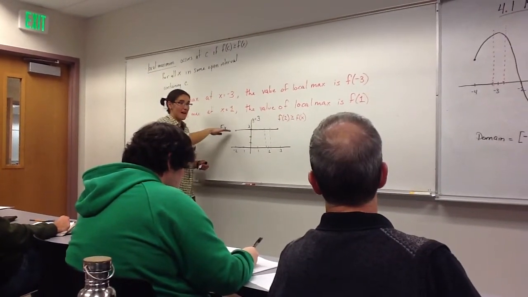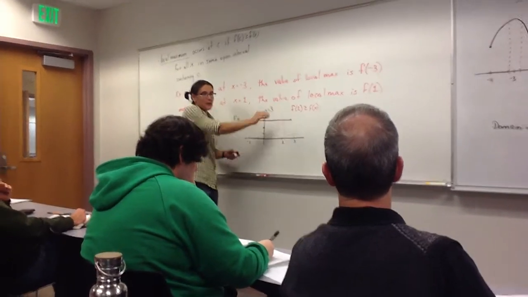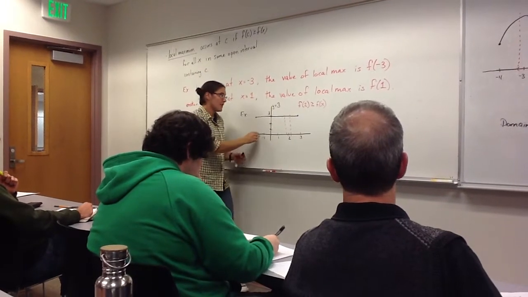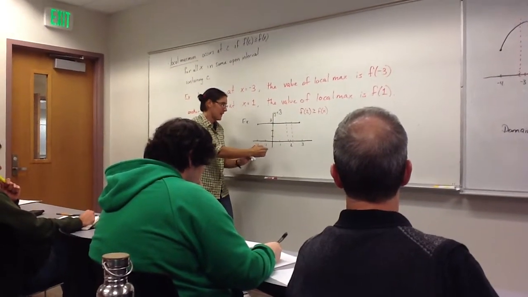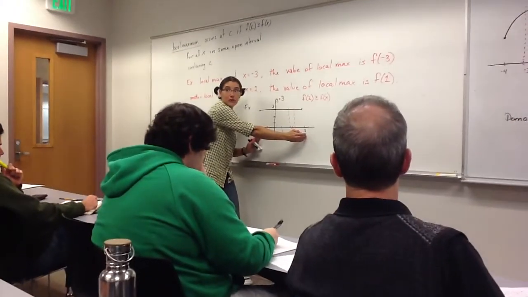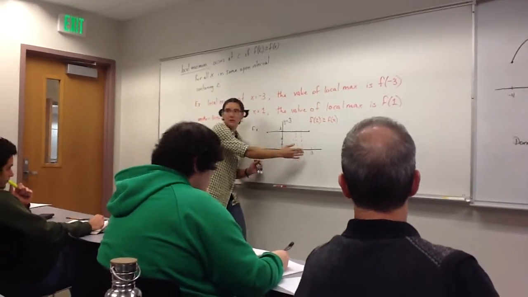When I have a constant function, and this is cheesy and a little cheating, but it works, there is a local maximum at every single x value between -2 and +3. And there's also an absolute maximum at every x value between -2 and +3.